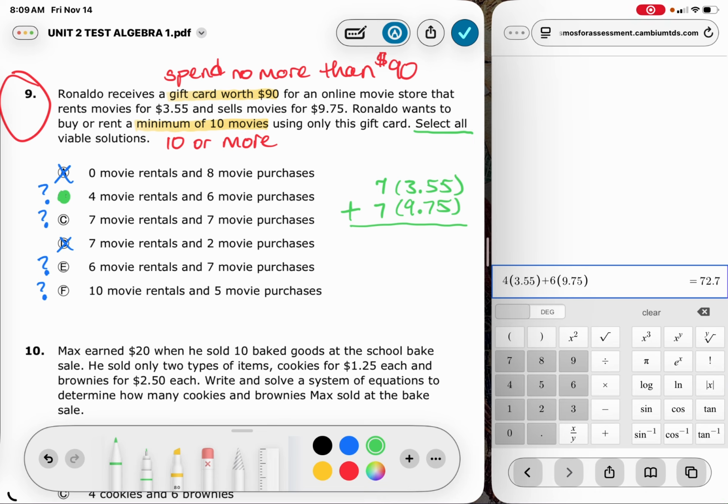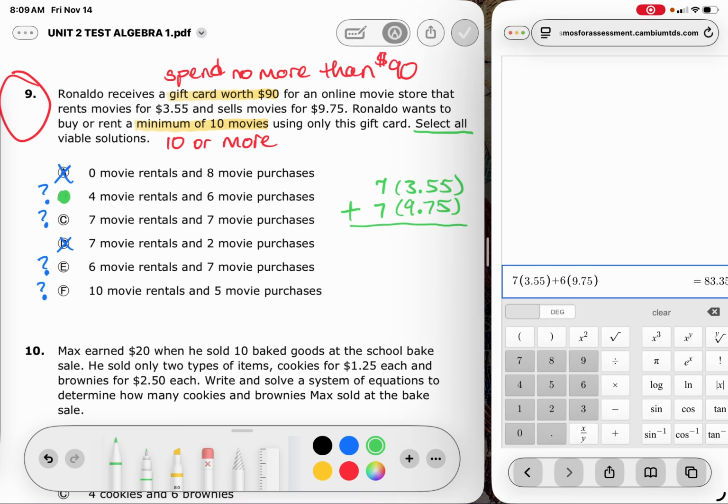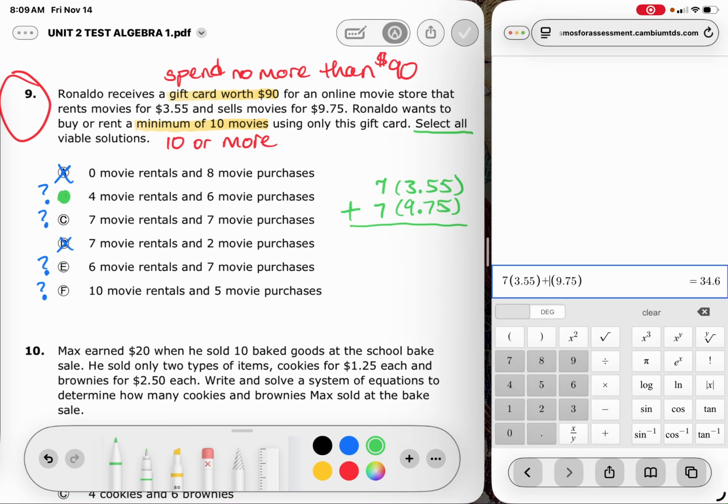So on my calculator, I'm just going to move my cursor and delete the 4, make it a 7, delete this 6, and make that a 7, and that totals $93.10. So that's way too much. Once again, that was $93.10, which is more than 90, so he can't make that purchase. That's not going to work. All right?